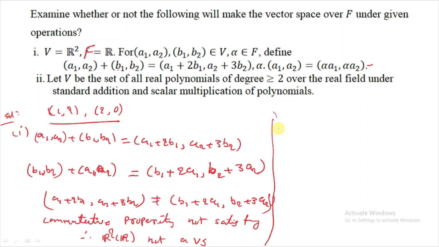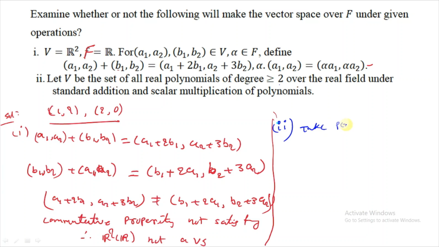Now we'll see another example. Second one. Let V be the set of all real polynomials of degree greater than or equal to 2 over the real field under standard addition and scalar multiplication of polynomials. Suppose we take an example with degree 2 or more.